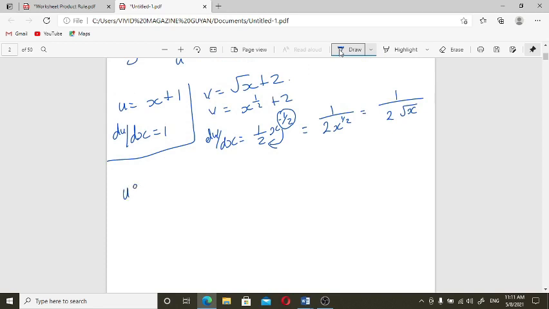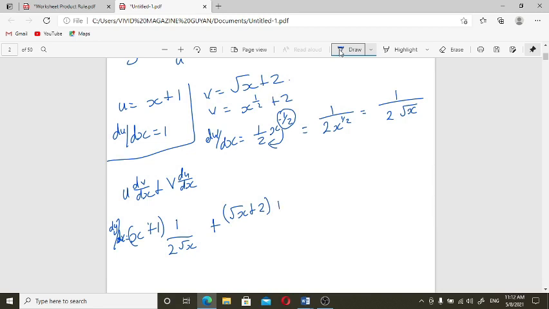So u dv over dx plus v du over dx. So my u is x plus 1, let me just write it again, dy upon dx is equal to (x plus 1) of dv dx, which is 1 over 2 root x, plus v, which is the root of x plus 2, it's in brackets, which is going to be multiplying 1.